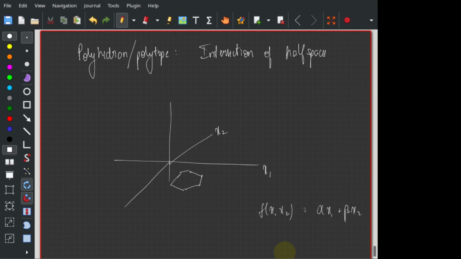So I have two variables, I have a function of two variables. Now there are two things: what is my objective function, and what are my constraints? If my constraints are linear, then my constraint set, basically the region I want to optimize over, is going to be a polyhedron. And let's suppose that the polyhedron is bounded. It's going to be this particular region.